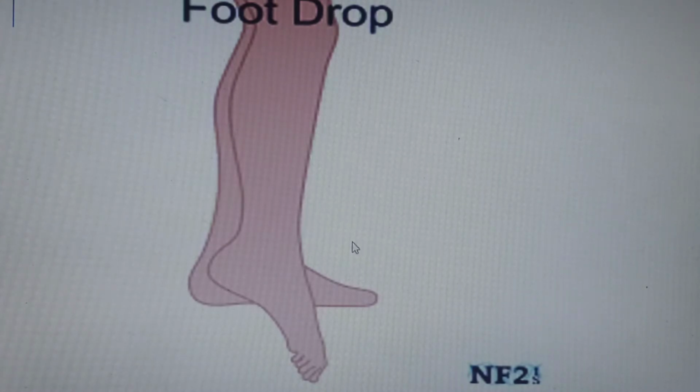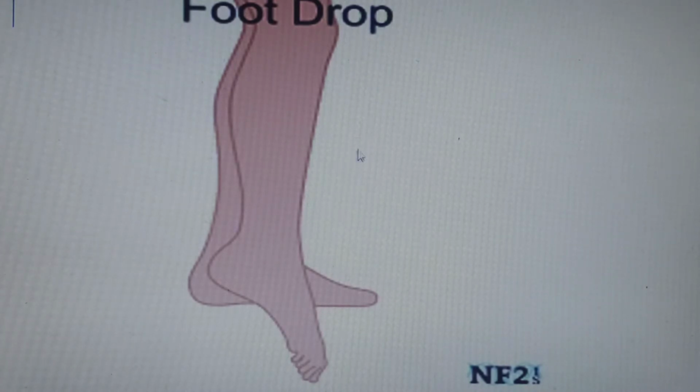But if for some reason there is injury to the nerve that supplies these muscles, being the deep branch of the common peroneal nerve, then because of the unopposed action, now we said that in the posterior compartment of the leg we have the plantar flexors. So if the plantar flexors are working, the dorsiflexors, because of injury to their nerve supply, become weak, and therefore you can't dorsiflex.